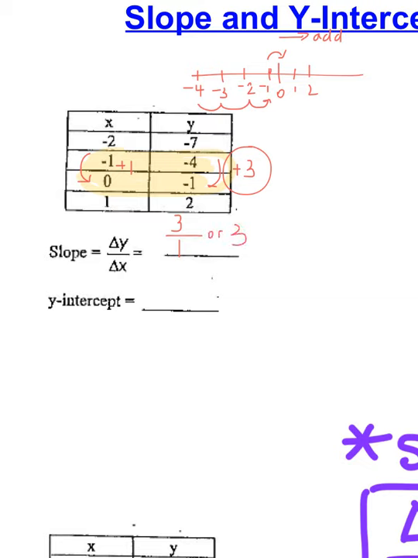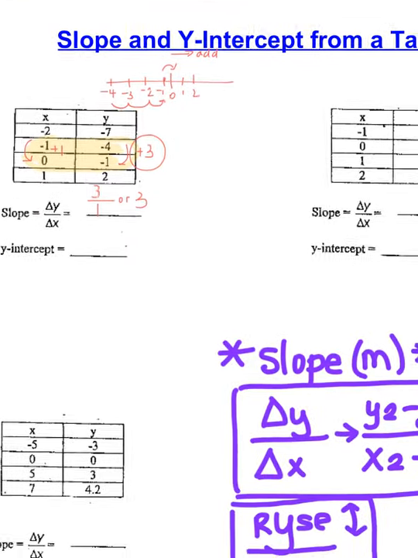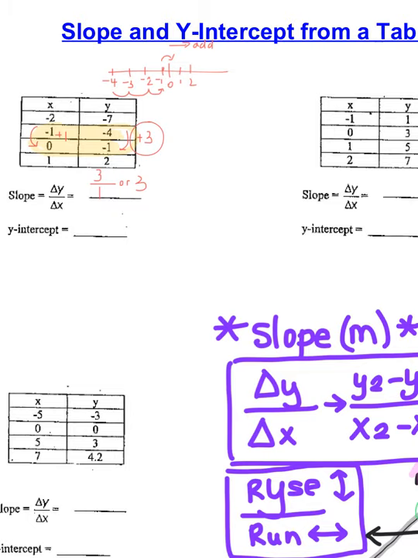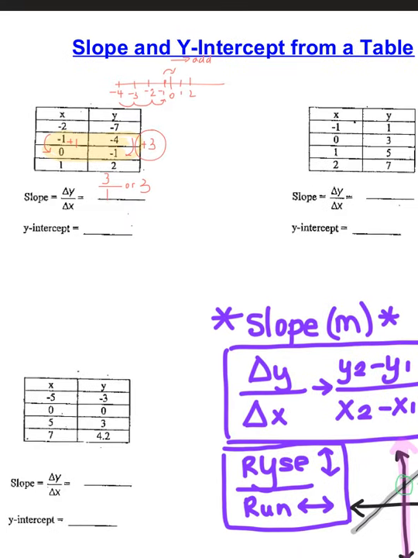All right, so I'm going to work the slope out again, but using the actual formula of y2 minus y1. Then you just decide whichever one you prefer. So if I go ahead and label, this would be my x1, this would be my y1, this would be my x2, this would be my y2.